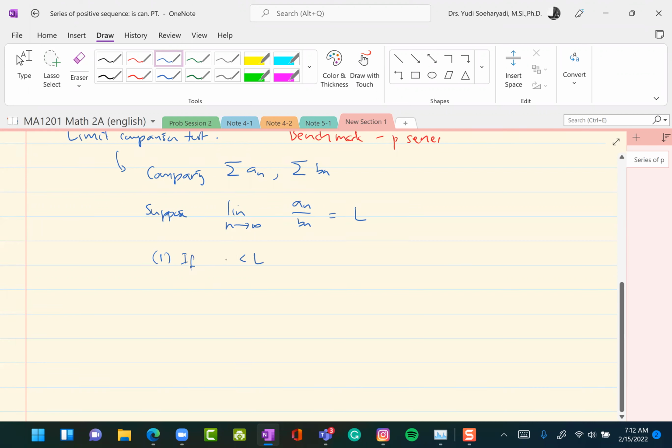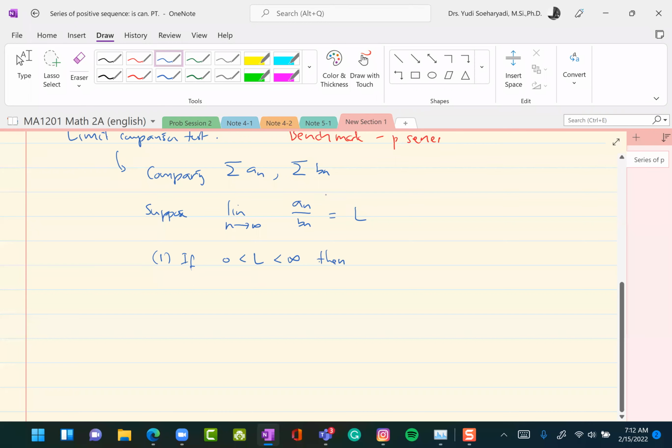If L is positive and finite, meaning that this is just a number, 2 or 10 or whatever, that means if a_n converges then b_n also converges.